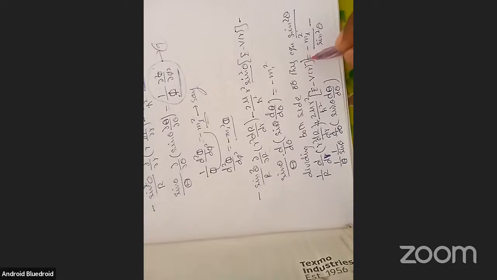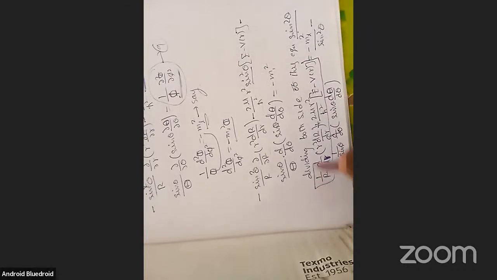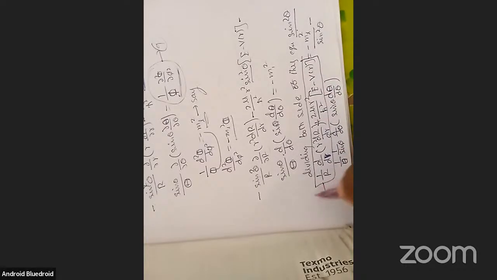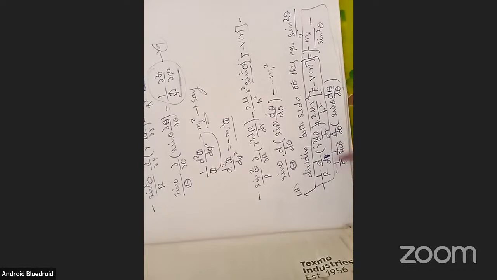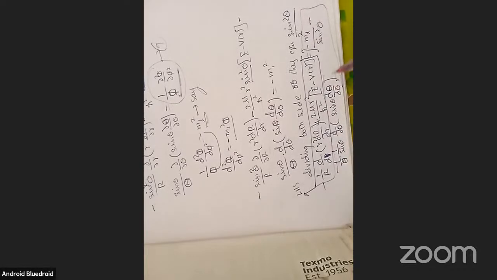This part is the LHS, and the remaining equation on this side is the RHS. Clear?